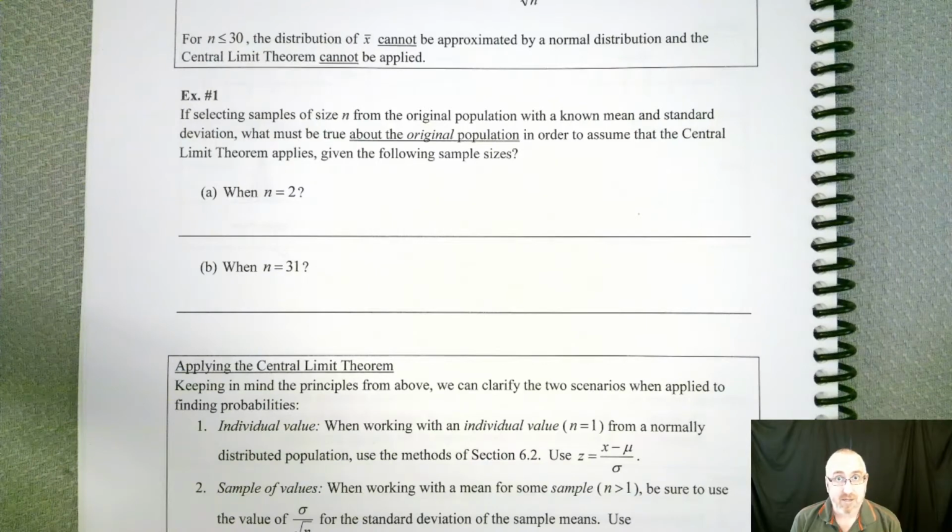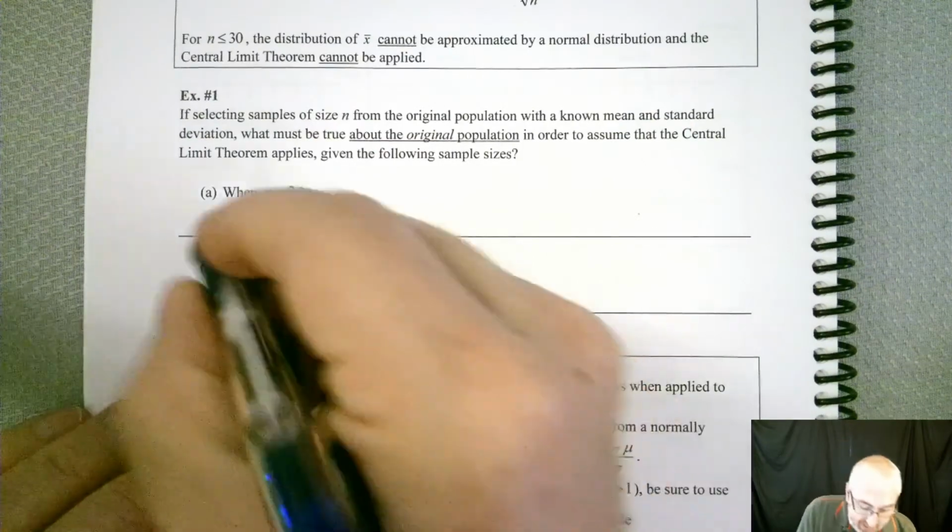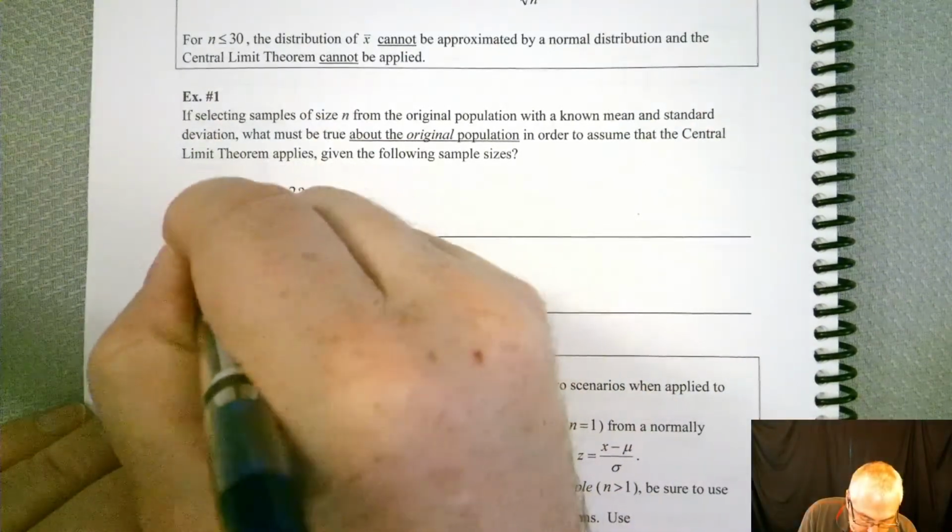The answer is the first case. Because n is small and we want to have a normal distribution, we're going to have to assume that the original population was normally distributed. So that's your answer.